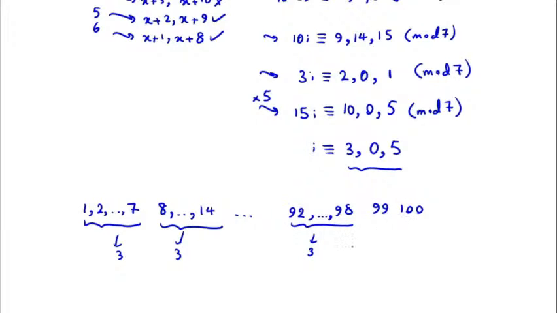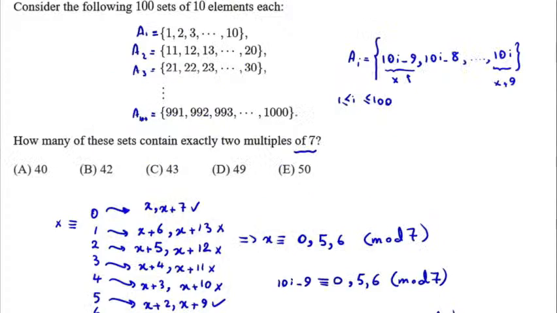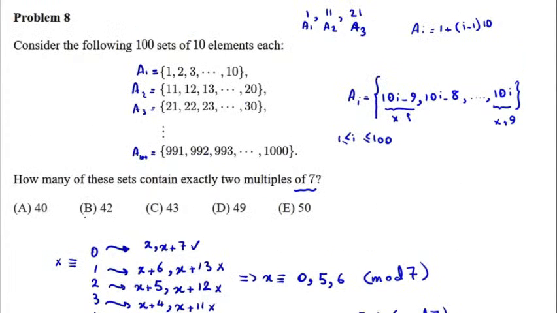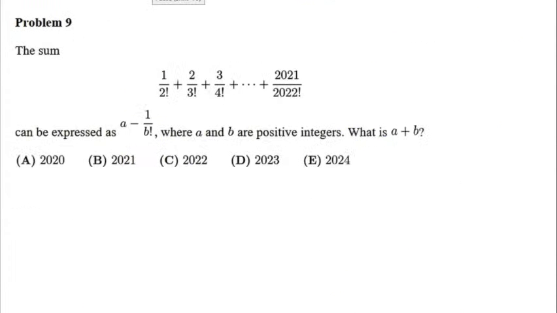Mod 7 here is 1, is 2. They are not good. So how many packets? You say 3 in the first one, the second one, up to the 14th packet. 3 times 14 will be 42. So there are 42 numbers that are good. So the answer will be B.